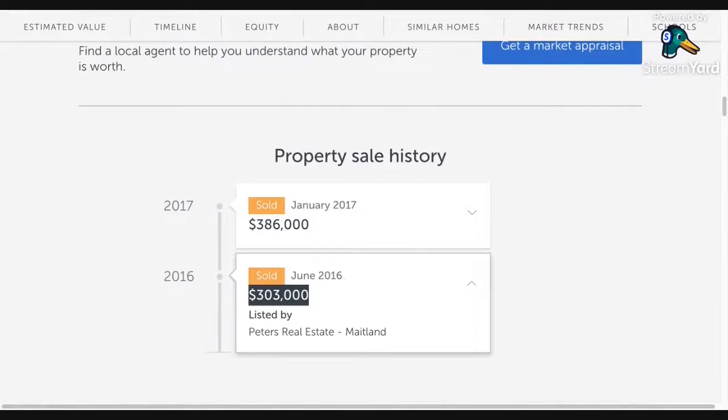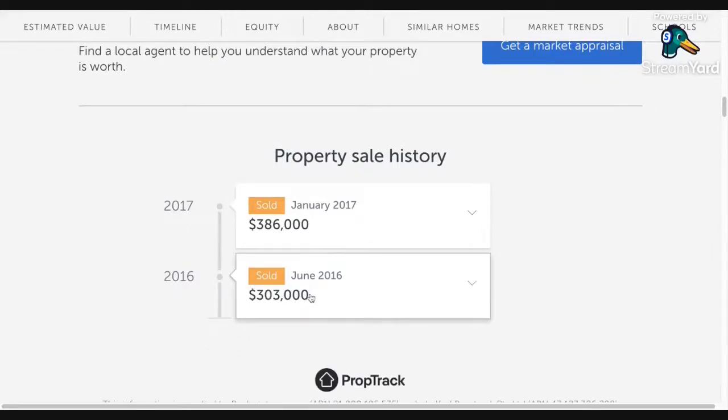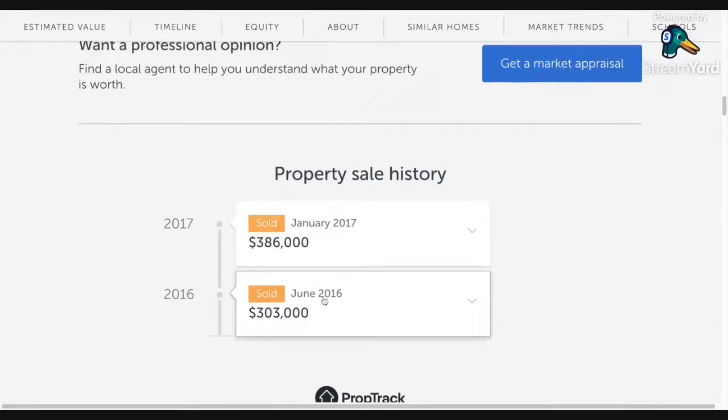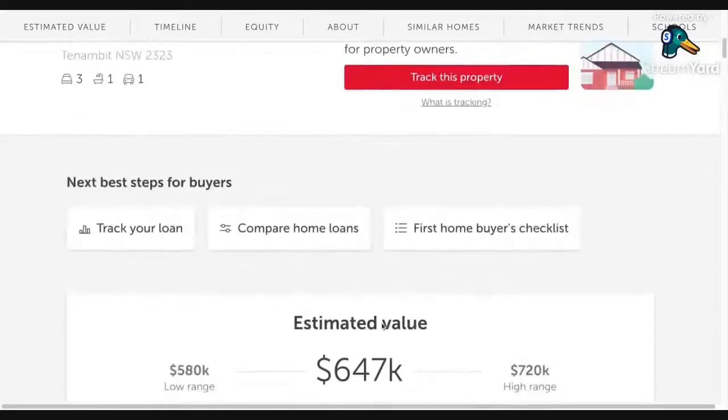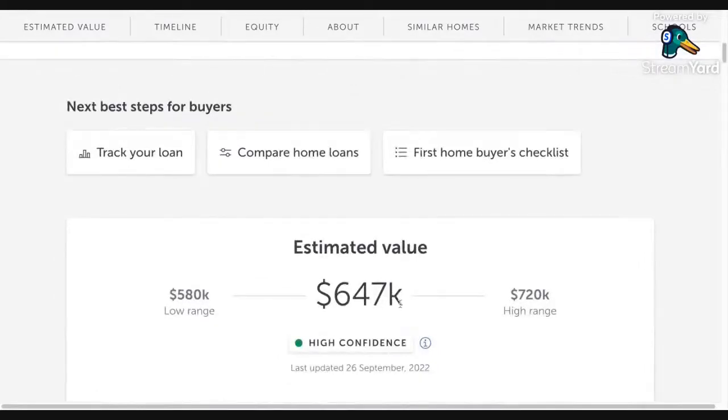Let's call it 6.5. You put 50K in it, and let's throw some stamp duty in there, so you're in for about 370. And now an estimated value of 647. So that's about 85%. You've close to doubled your money in 6 years.